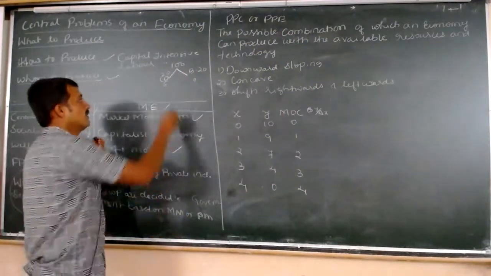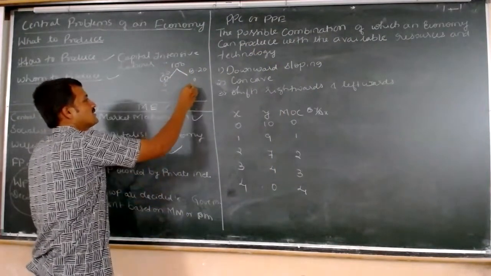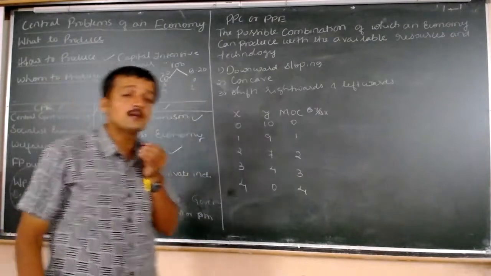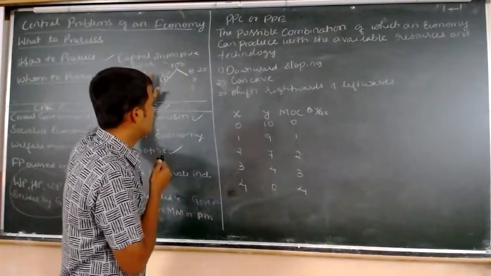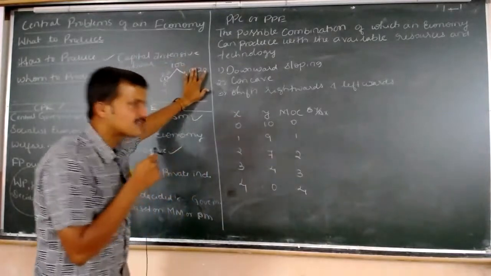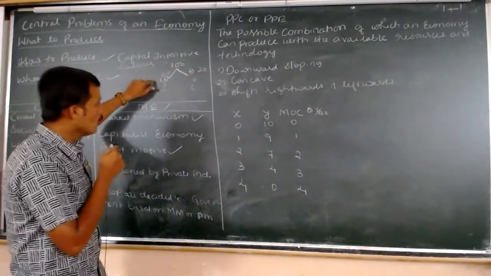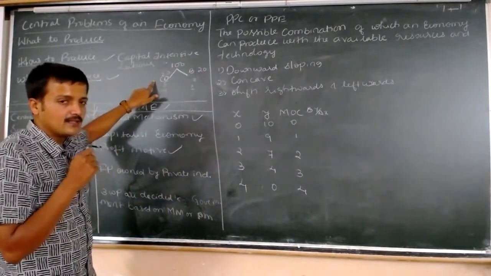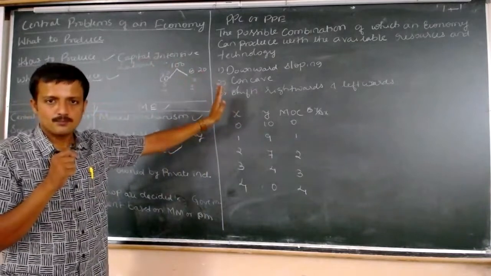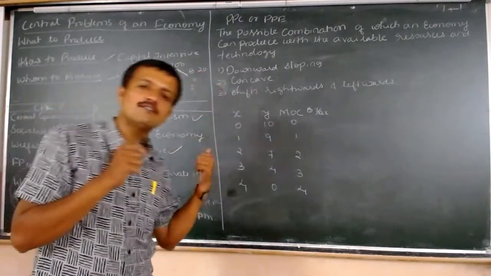But if you buy 4 cold drinks, you have a chance that you can buy 1 burger. So like this, even the production possibility curve focuses on the same thing. It says that if you want to go for one unit of another product, you need to forgo the first one.